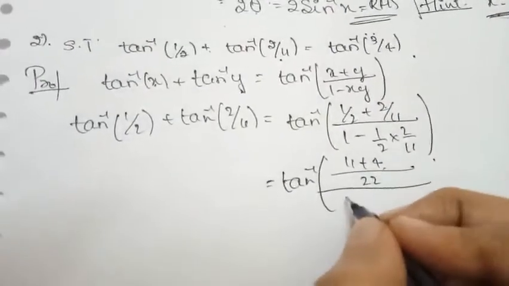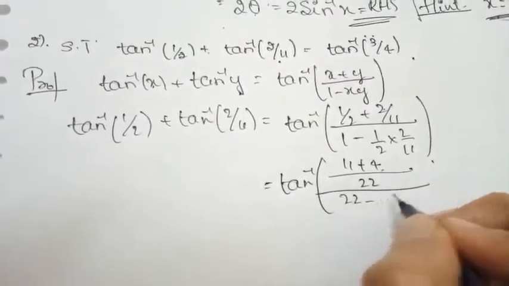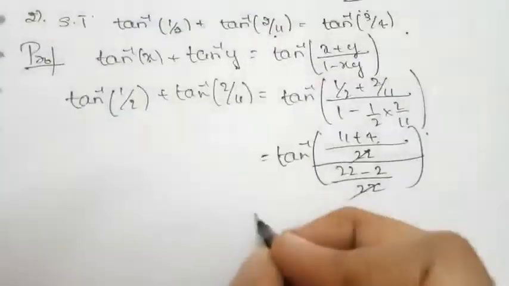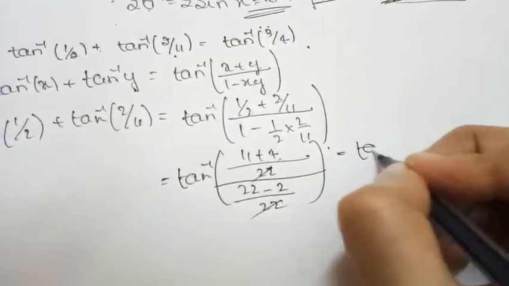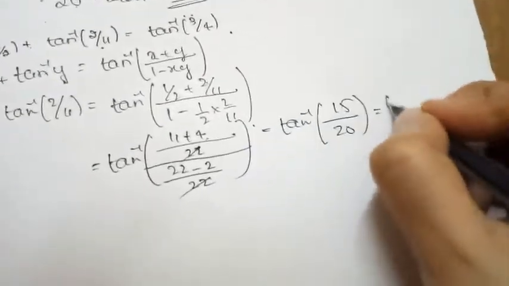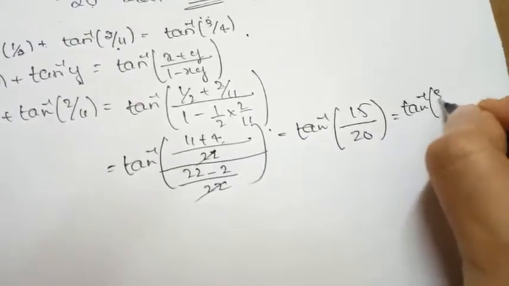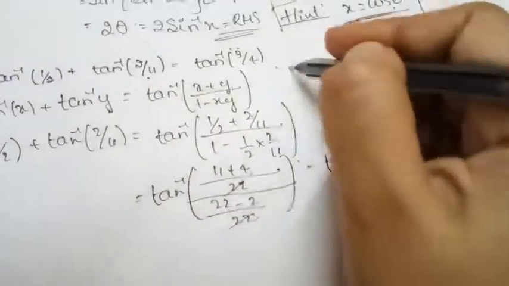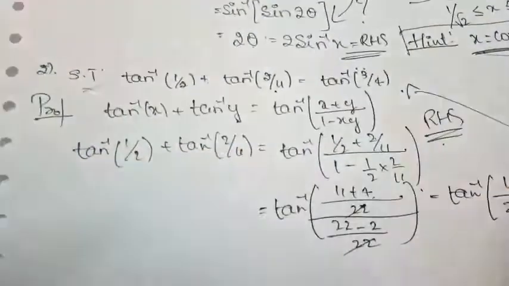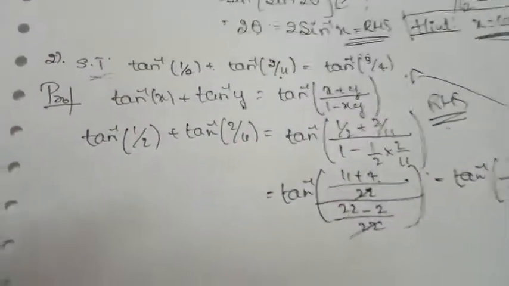In the denominator, LCM is again 22, so 22 minus 2 divided by 22. The 22 gets cancelled. So what is remaining here? That is tan inverse of 15 by 20, which is nothing but tan inverse of 3 by 4, which is our RHS. So hence we have proved the given question.